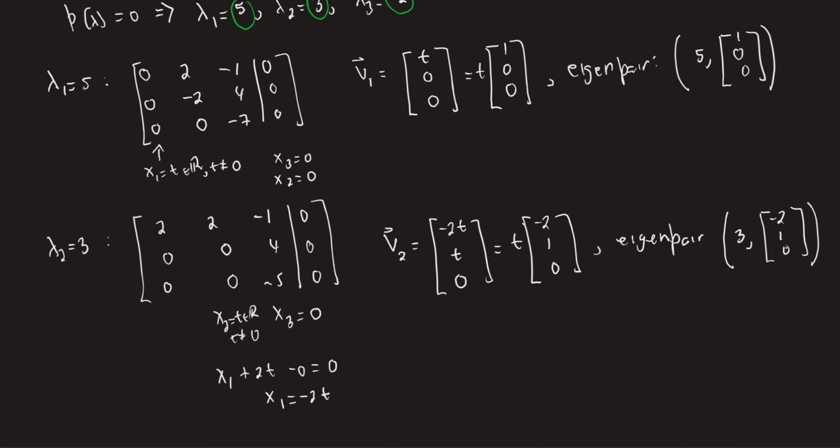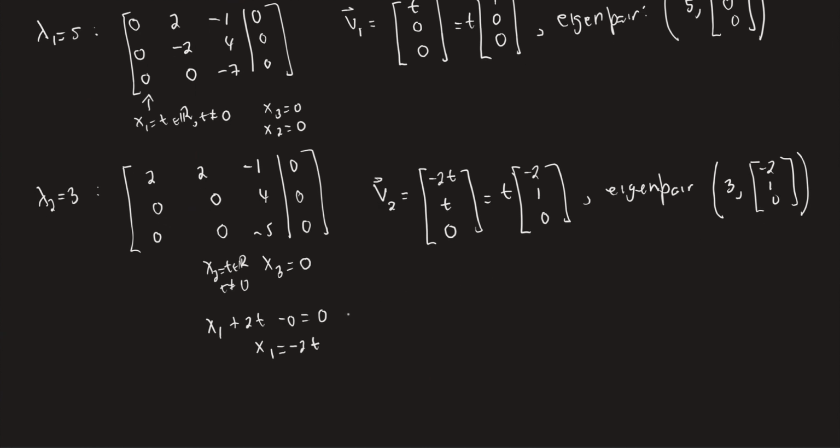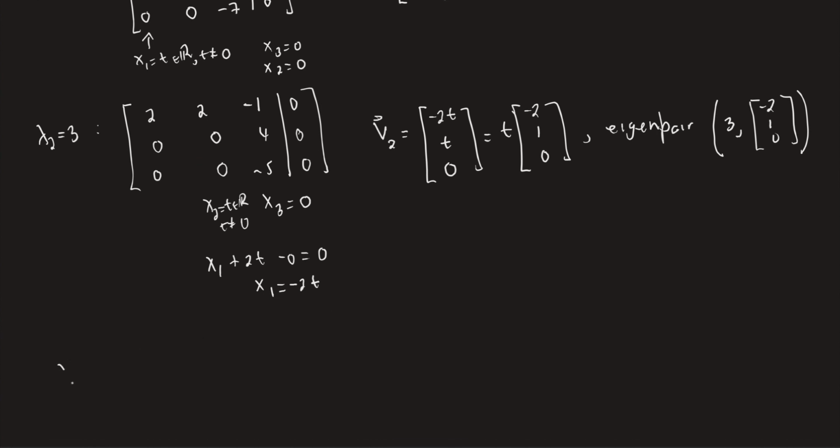All right, and then finally, when lambda is equal to negative 2, so now we're subtracting negative 2, which means we're adding 2 to the entries on our main diagonal.